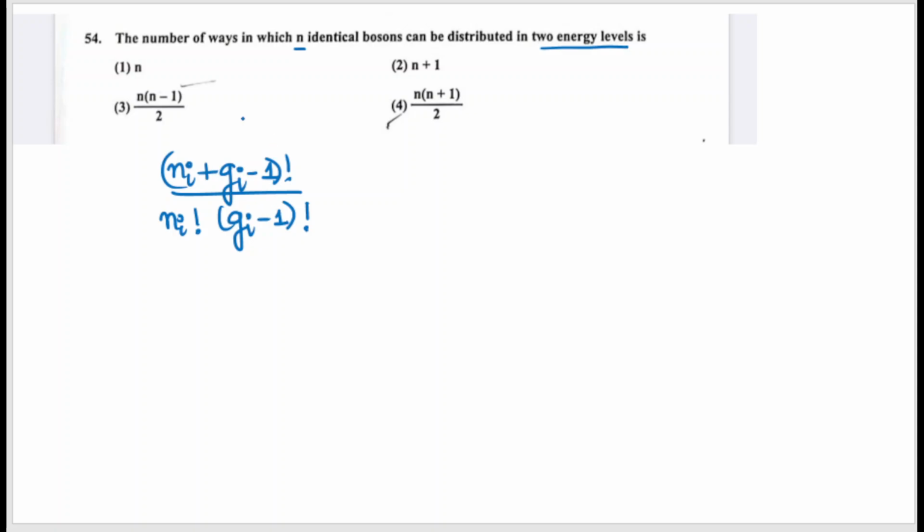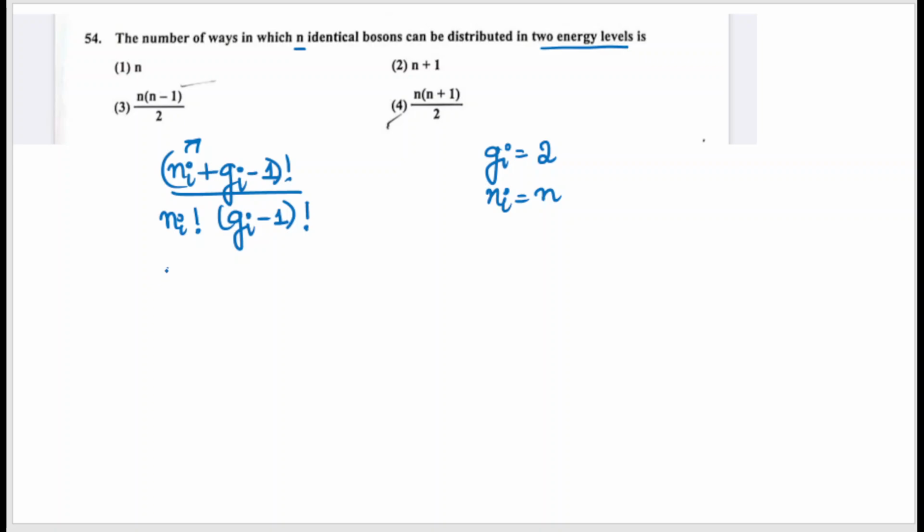Here Ni is the number of bosons, and Gi is the energy levels. Here they have given Gi value to be equal to 2 and Ni value to be equal to n. Now substitute for Gi and n in this formula.